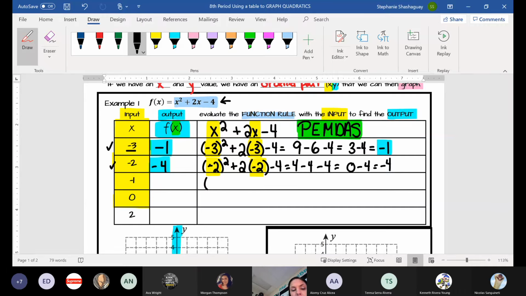So my input here is negative 1, so I'm going to do negative 1 squared plus 2 times negative 1 minus 4 is equal to, what's negative 1 squared? 1 minus 2, because 2 times negative 1 is a negative 2, minus 4. 1 minus 2 is negative 1. Minus 4 more is what? Negative 5.